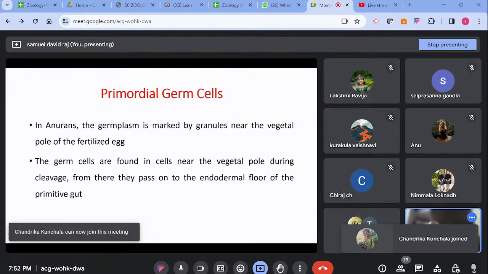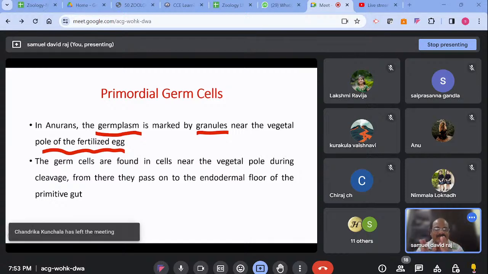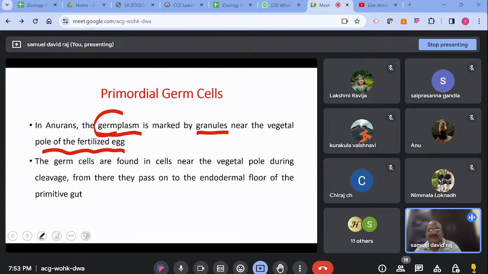So here in these tailless amphibians, that is frogs, the germ plasm is marked by granules near the pole of the fertilized egg. The germ plasm, not the germ cells, is marked by granules near the vegetal pole of the fertilized egg.